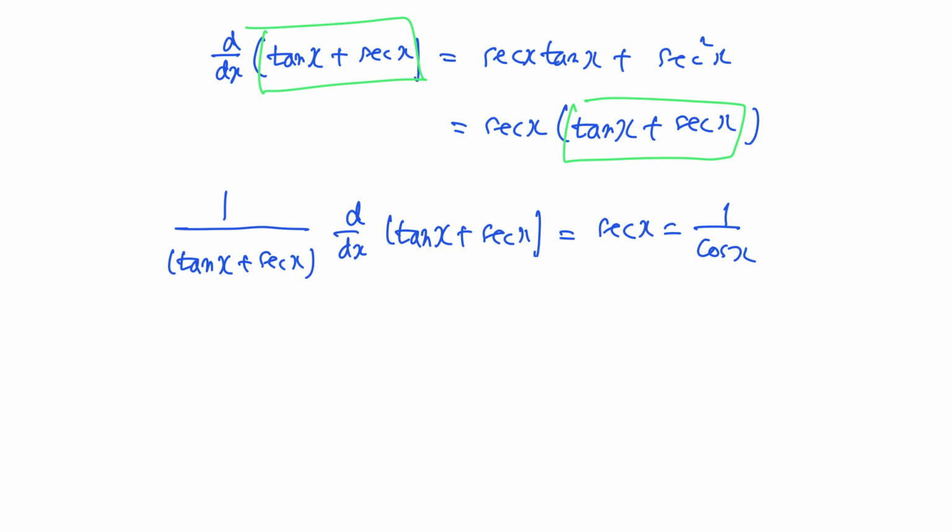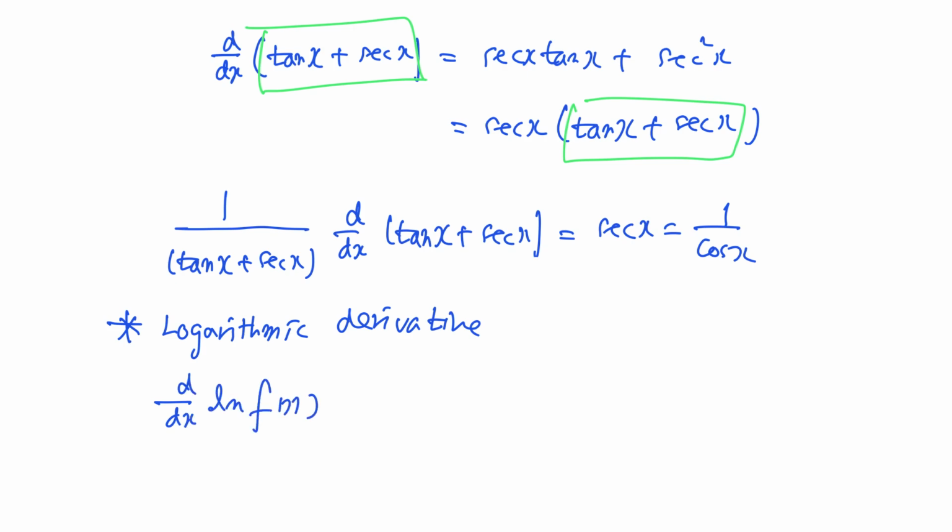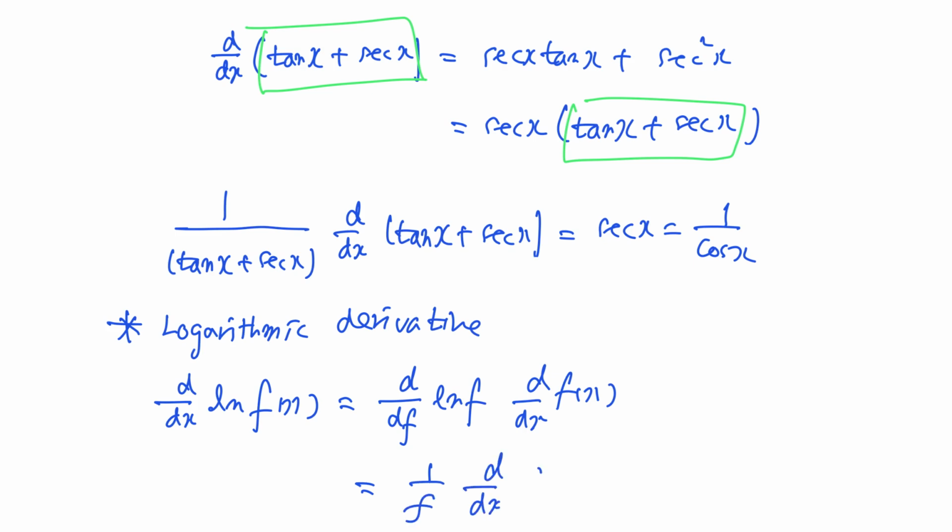Using this, we can define a logarithmic derivative. For example, d/dx of ln f(x). Using the chain rule, d/dx of ln f(x) is 1 over f times d/dx of f(x).